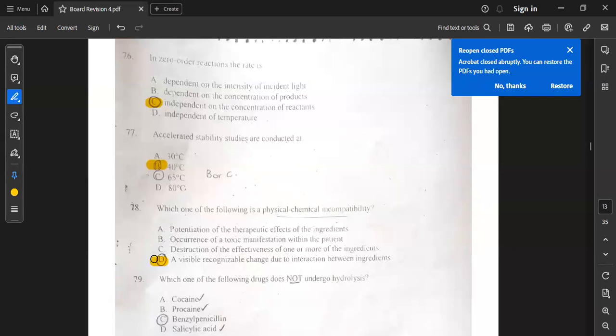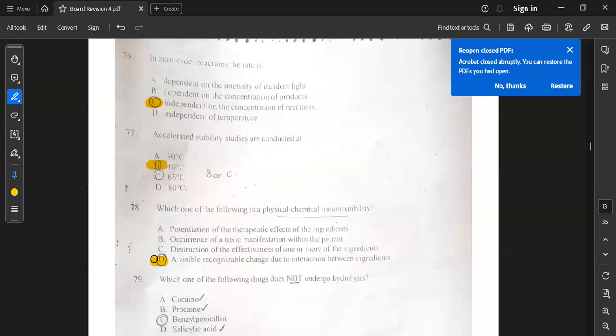Then physical incompatibility, an interaction between two or more substances which leads to a change in color, odor, taste, viscosity, or morphology. Another term for this is pharmaceutical incompatibilities.